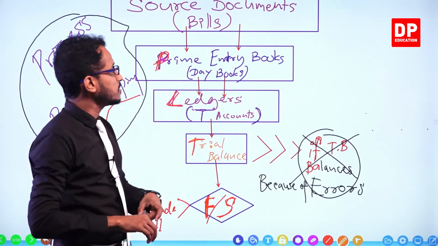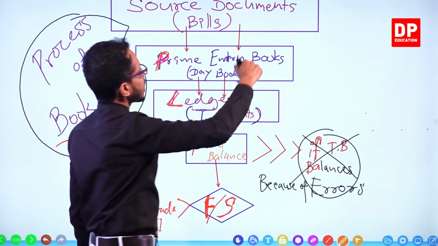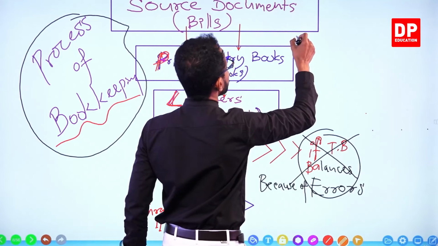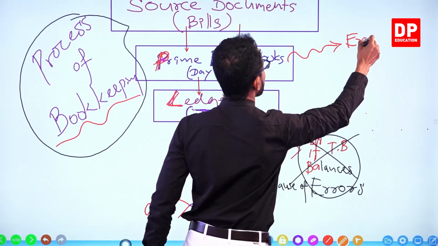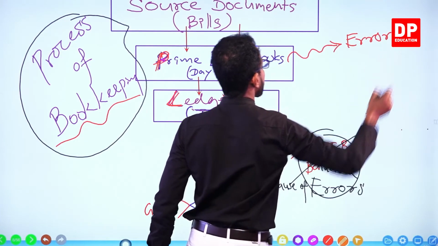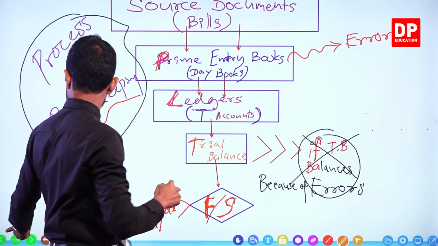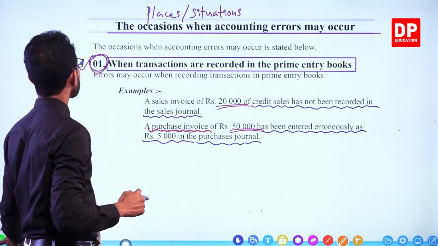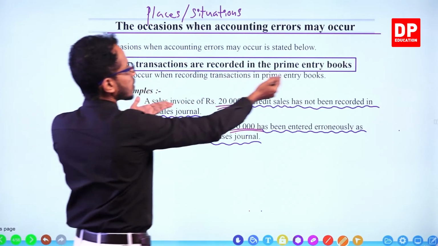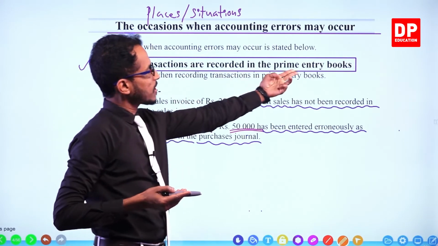In which stages can there be errors? The first place where errors could occur is when transactions are recorded in prime entry books.